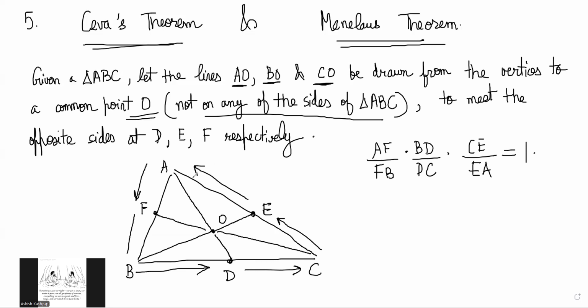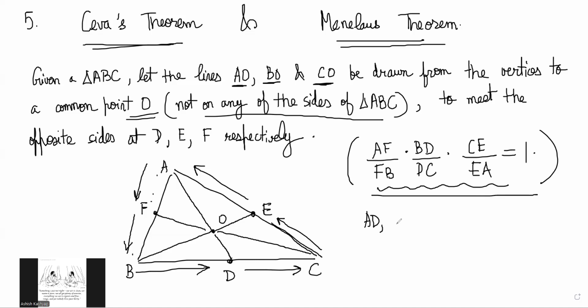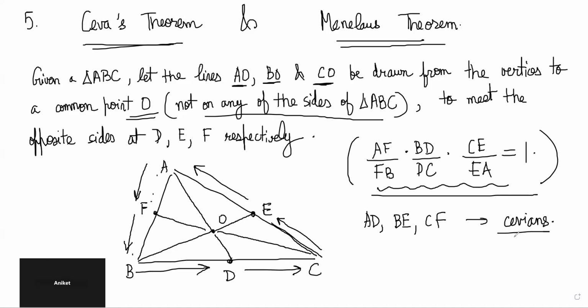Now, it is important to be able to write the condition from Ceva's theorem correctly. And notice that all the line segments are in a clockwise ordering. So, AF by FB, BD by DC, CE by EA. That is a nice pattern. By the way, the lines AD, BE, and CF are sometimes called Cevians.